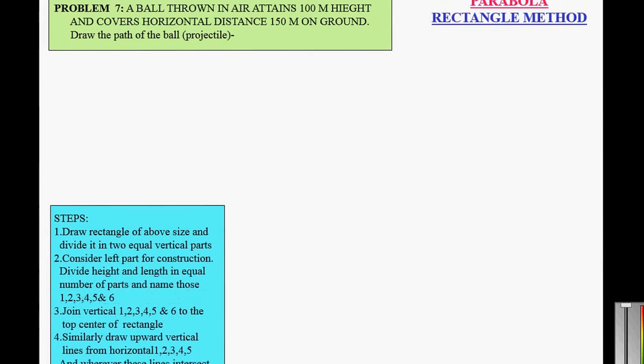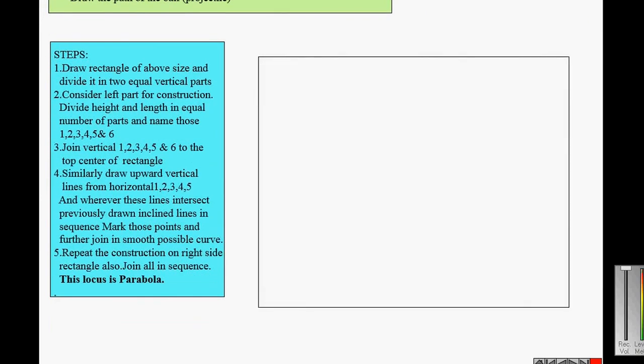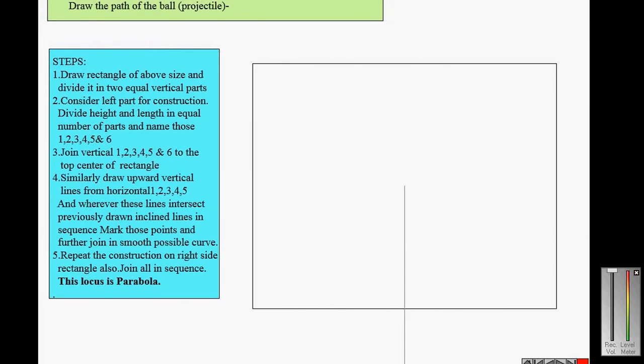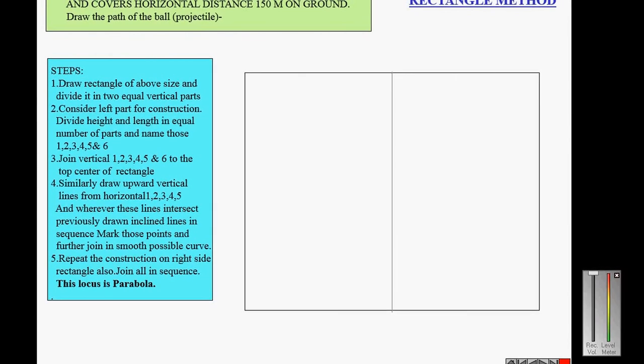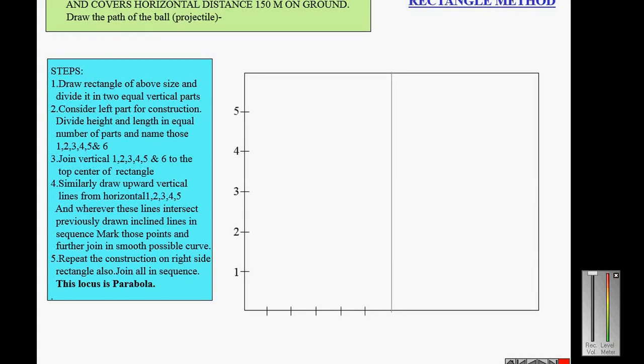Next is the parabola by the rectangular method. A ball thrown in air attains 100 meter height and covers a horizontal distance of 150 meter on ground. Draw the path of the ball. This is projectile motion. So draw the rectangle and divide the left side into 6 equal parts, and divide the bottom portion similarly into 6 equal divisions.